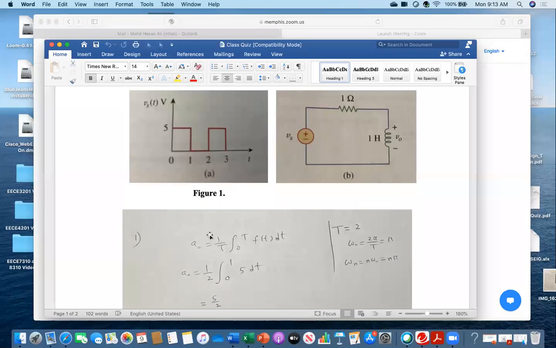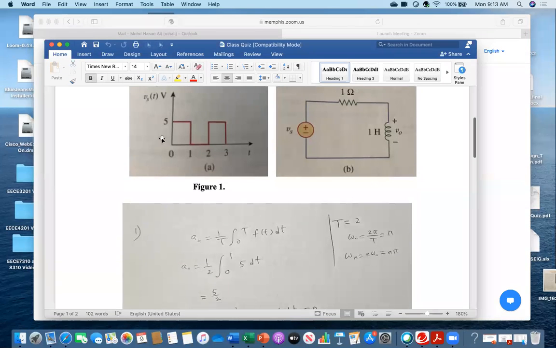And then I am writing down that equation, and you see, this is the total time period, but the function value is 5 between 0 and 1, and the function value is 0 between 1 and 2. That's why I am not integrating or writing down this portion, because here the value is 0, but here the value is 5.